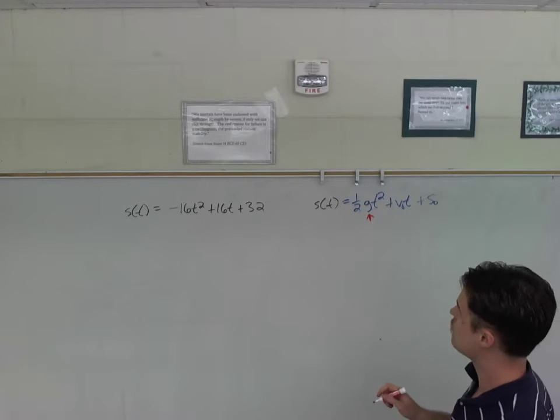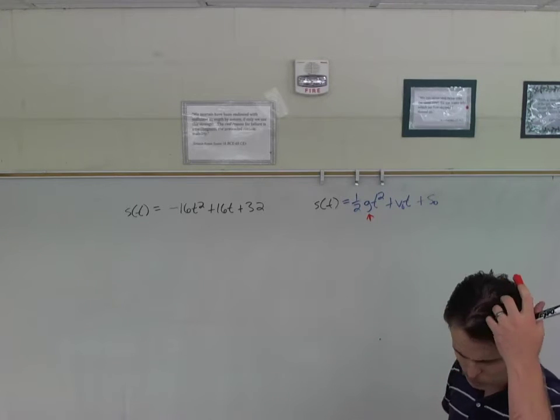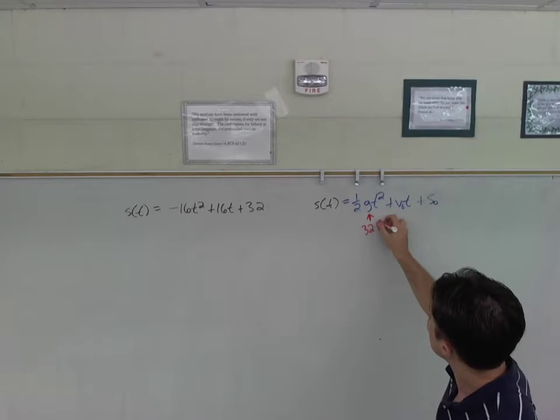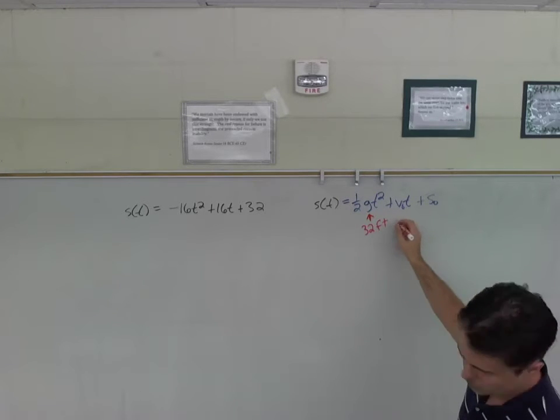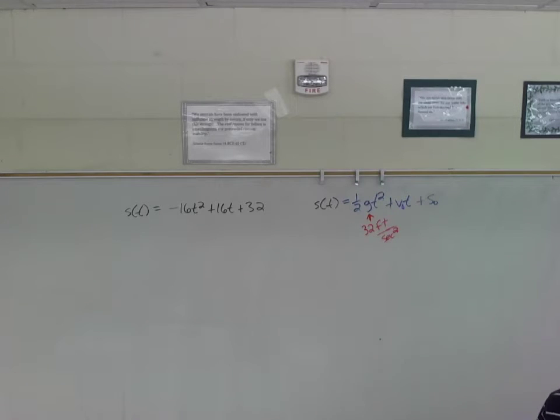This one doesn't have it as 9.8. It's not in meters in this problem. Can you guys guess what units this is in? I think it's 32 feet per second squared. Well, sometimes we're English, you know. That's what G's value is in feet per second squared. It's not very kosher for the rest of the world, but okay.